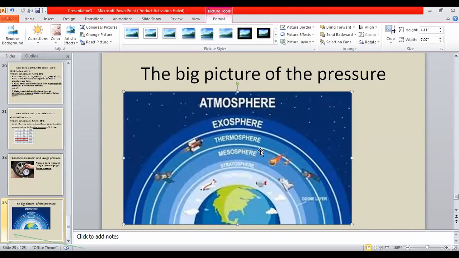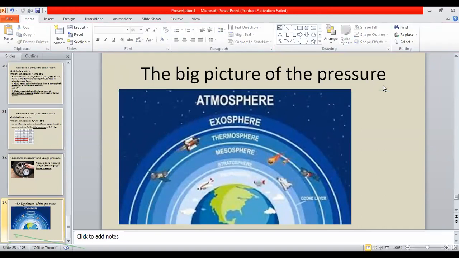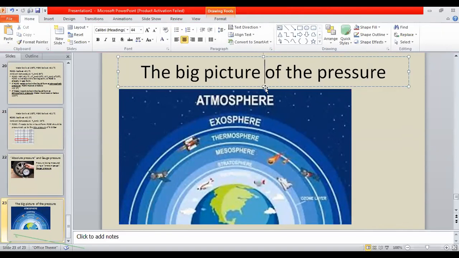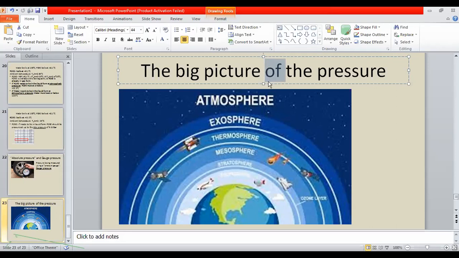So we have an atmosphere, and this atmosphere contains different types of gases, of course, other than the water vapor and all. So because of the atmosphere, always there is an atmospheric pressure.